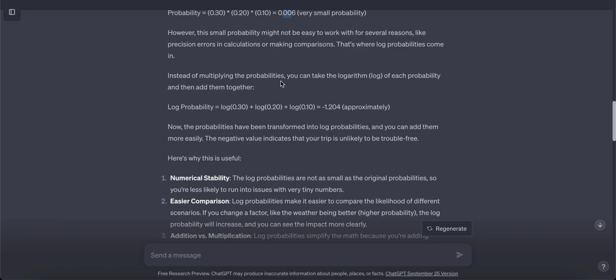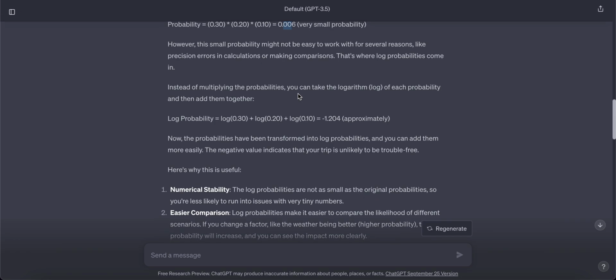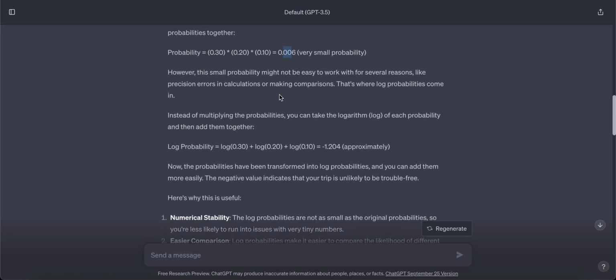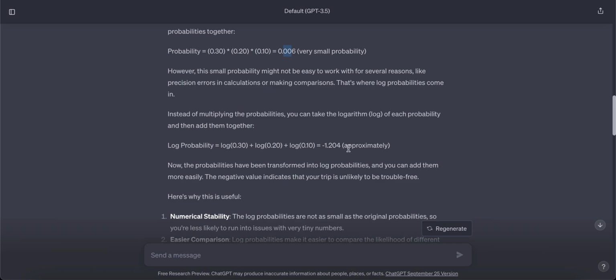So instead of multiplying the probabilities, you can take the logarithm of each probability. So we get the log of this probability, log of 20, and log of 10.